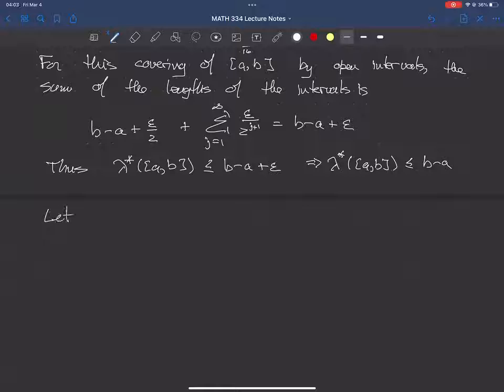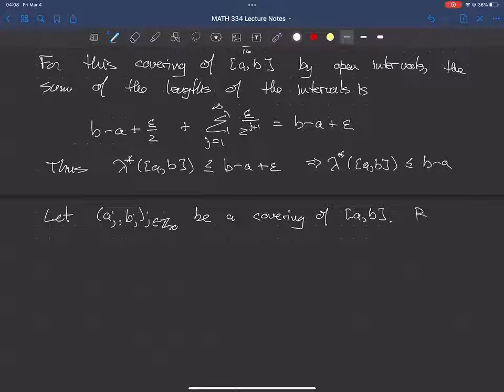So now we're going to let (a_j, b_j) be a covering of the compact interval AB by open intervals, obviously.